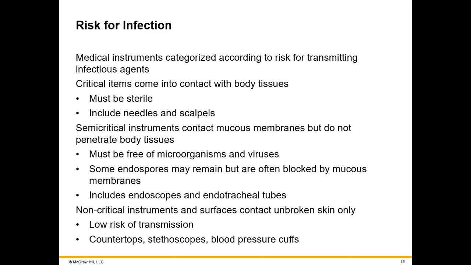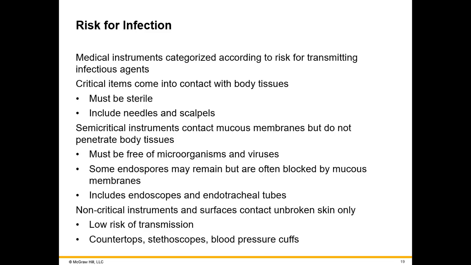The next one is the semi-critical category, and these are the instruments that come in contact with mucosal membranes, such as the oral cavity, but do not penetrate body tissues. So the implements used by dentists fall in this category.